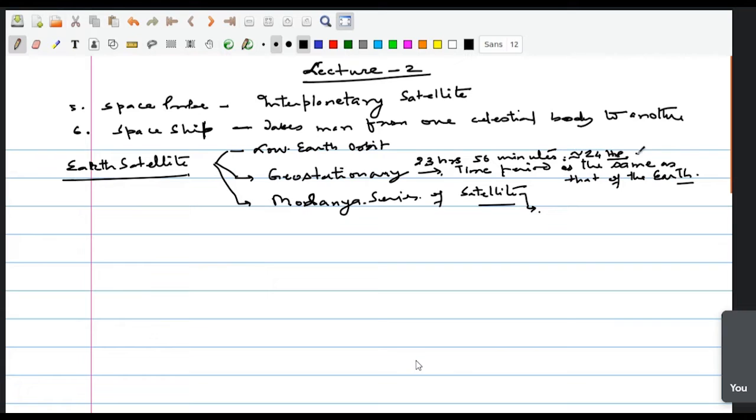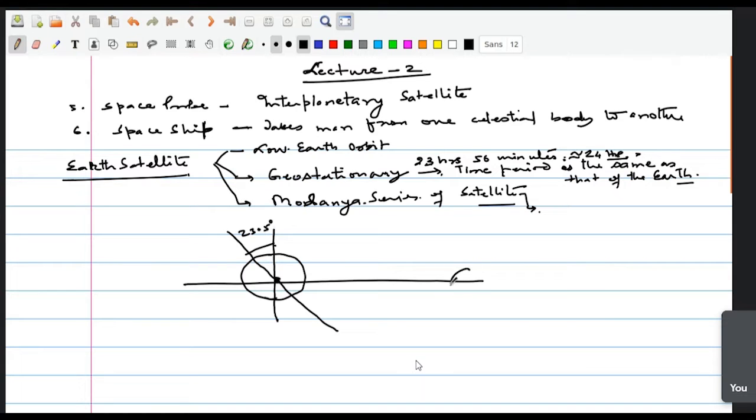What constitutes one day? If it is 24 hours, then the problem lies here. This is your Earth. It's tilted like this on the axis. This axis is tilted 23.5 degrees approximately and the Sun is here.